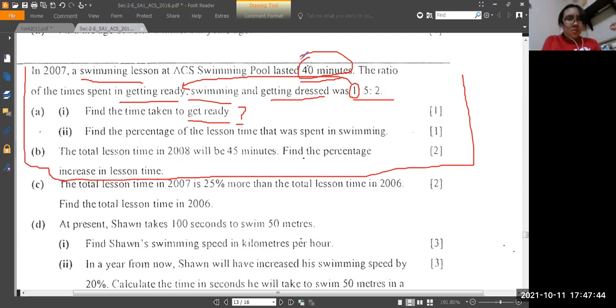How do you find percentage increase? Part B. What's the formula? Final minus initial over initial times 100%. Correct. So write down the formula first.